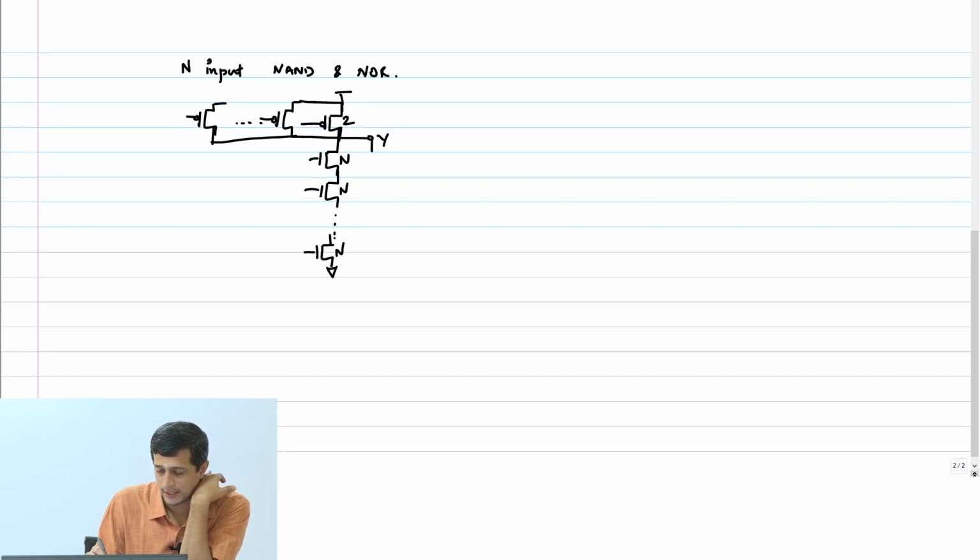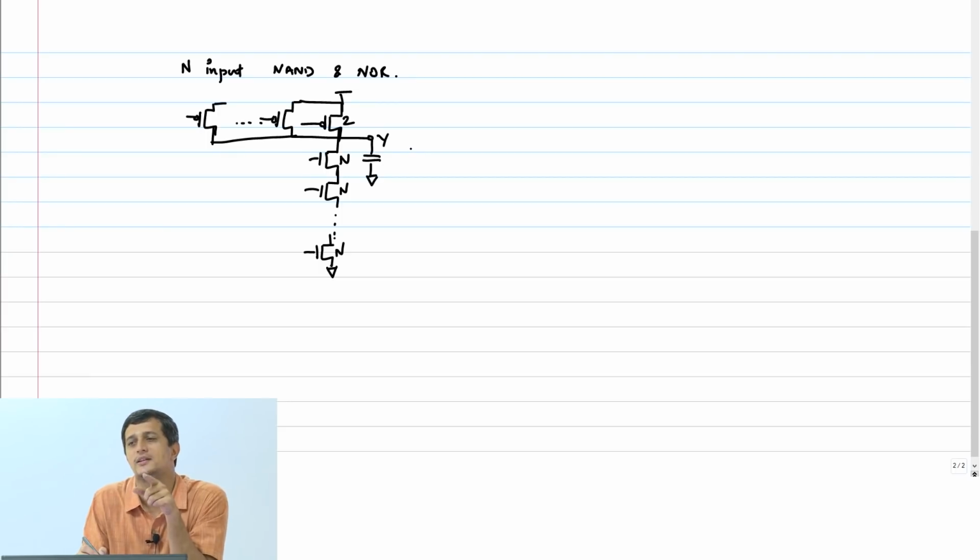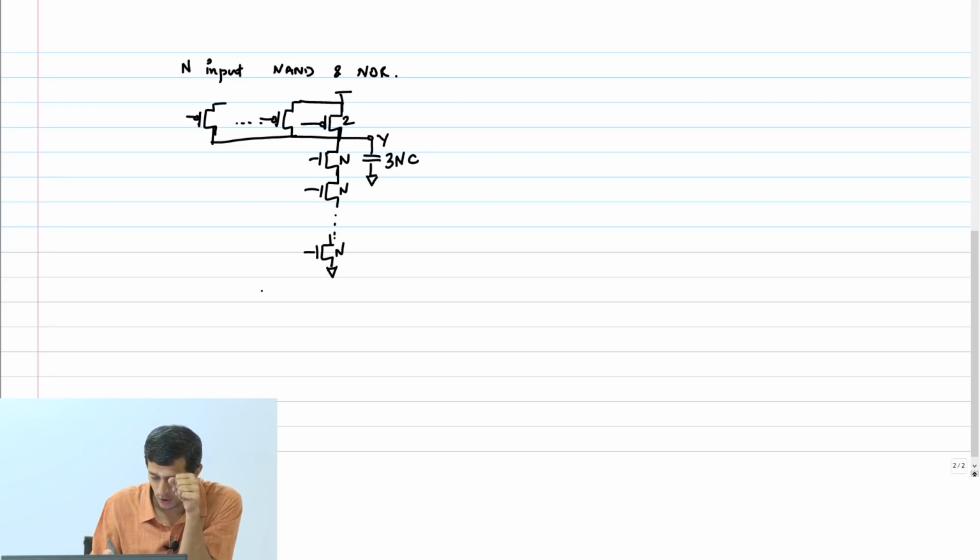Y. So the net capacitance here is how much? 3N into C, right? 2C coming from each of the N PMOSes and NC coming from the top NMOS. So you get 3NC. And what's the input capacitance?